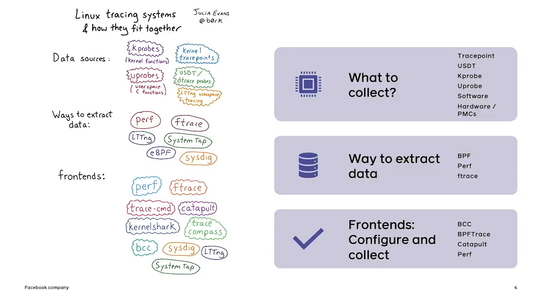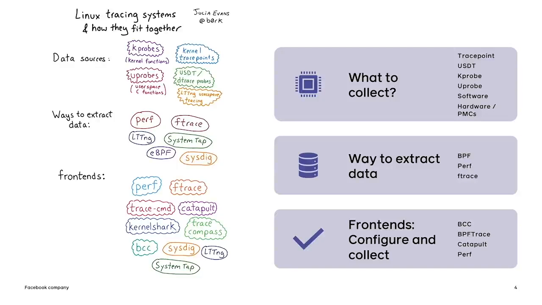I came across this great graphic by Julia Evans, which actually made things a lot more understandable for me. So you can think of Linux tracing systems as three different types of things that work together. You have data sources, ways to extract the data, and then front ends that interact with the ways to extract the data. Data sources can be the event itself, the thing that you want to look at. So it can be a kprobe or a uprobe, a trace point, a user-defined trace point, various types of events that you want to look at.